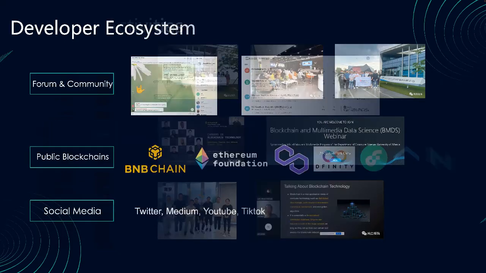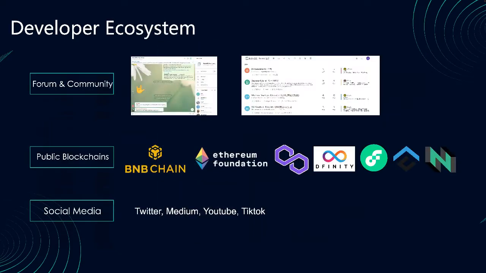For the ecosystem, as we mentioned, we have our forum and community, so you can join ChainID's community through Telegram and Discord. We also have our public blockchain partners, and our social media is accessible from our website.